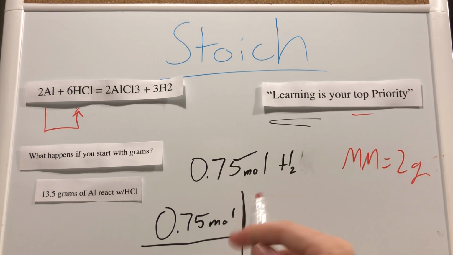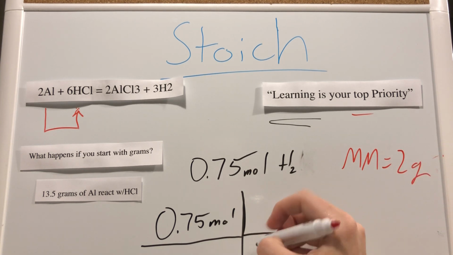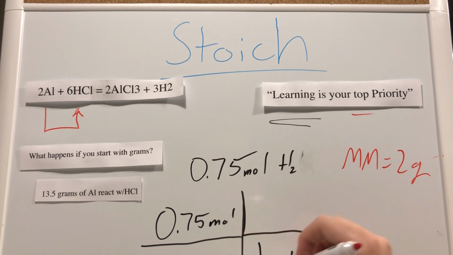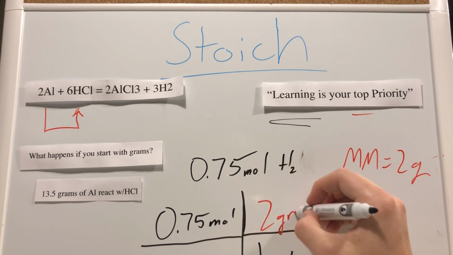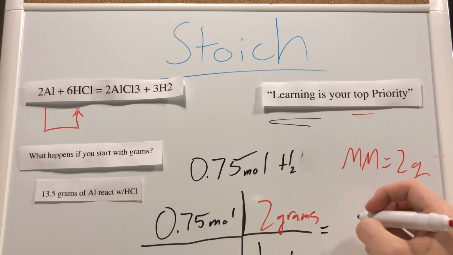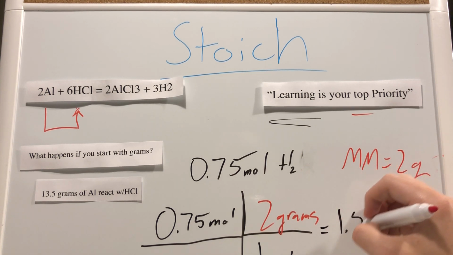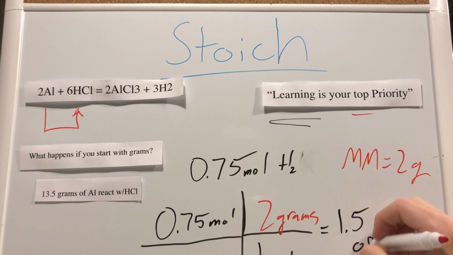We need our moles to cancel. So we're going to put 1 mole in the bottom, and then our 2 on the top. And this is going to equal 1.5 grams of H2.